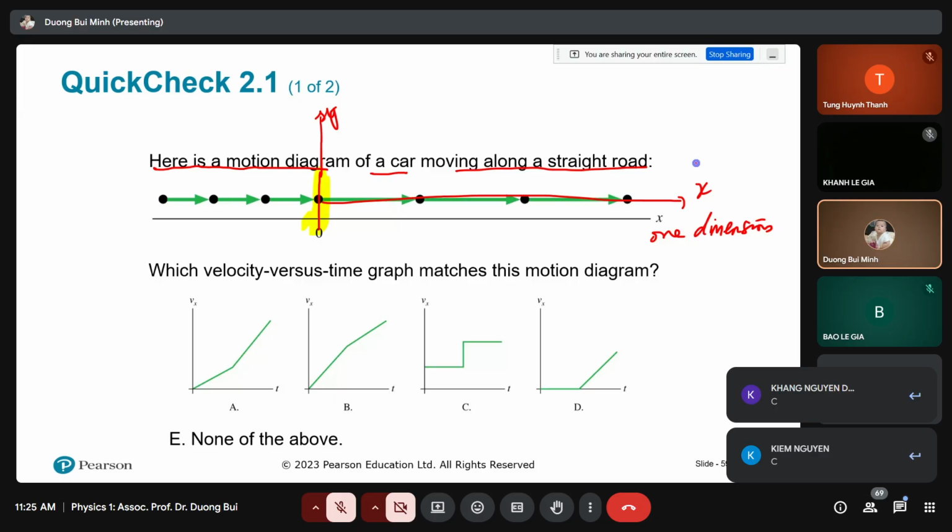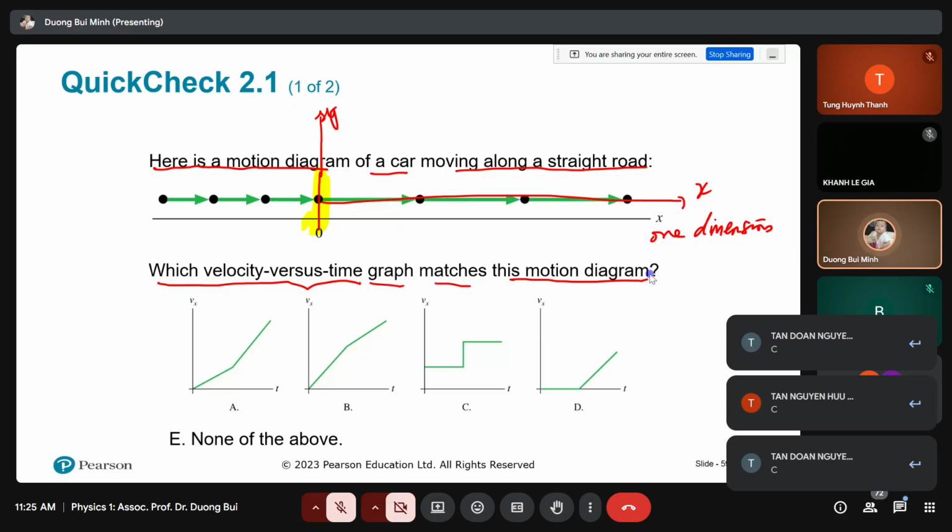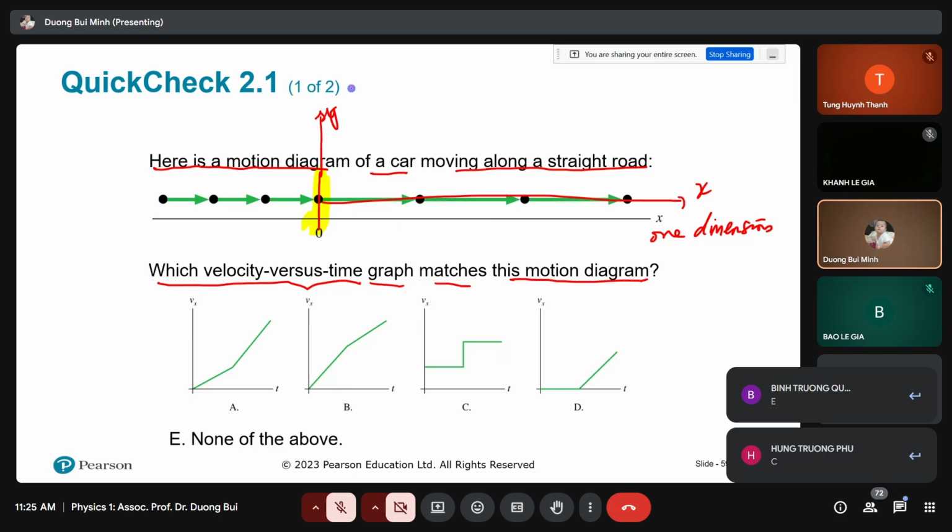The question: which velocity versus time graph matches this motion diagram? First of all, you need to think about what is the curve of x versus time.